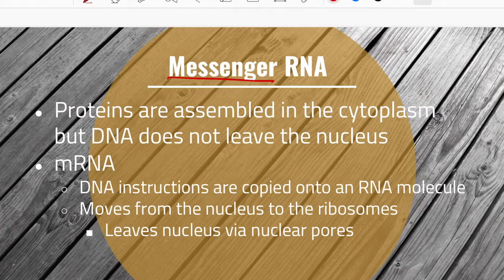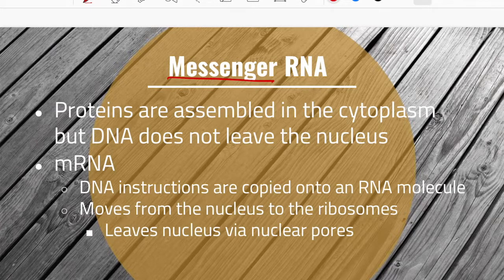So this is the portion of information that is actually being used to build a protein. Basically, the DNA is the code, and then the code has to be translated into something that we can use, and that is messenger RNA.